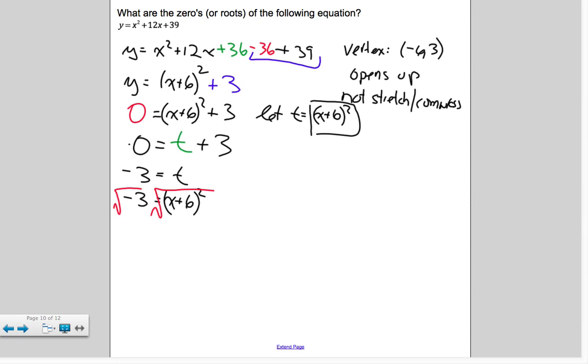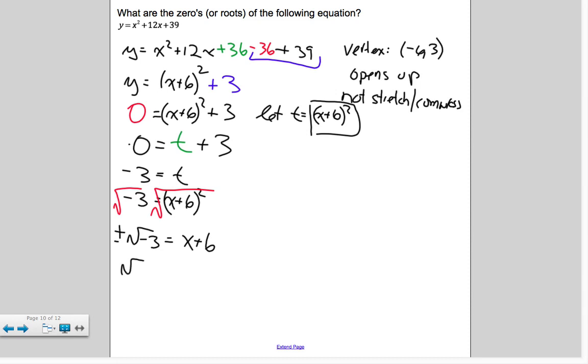So we got the square root of -3 equal to x plus 6. And how do I solve for x now? You subtract 6 from both sides, so I have square root of, oh sorry, this is supposed to be positive and negative, forgot about that, right?